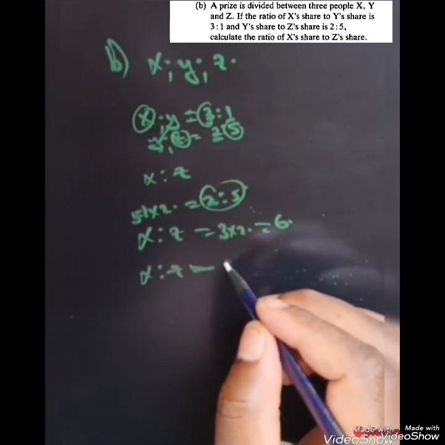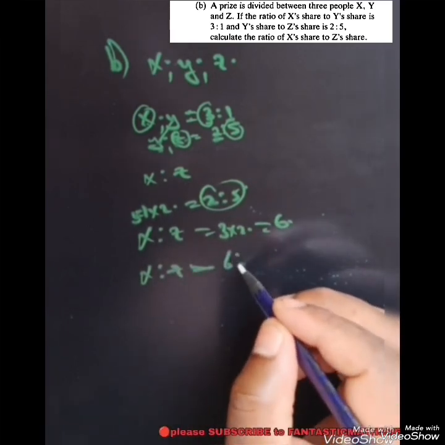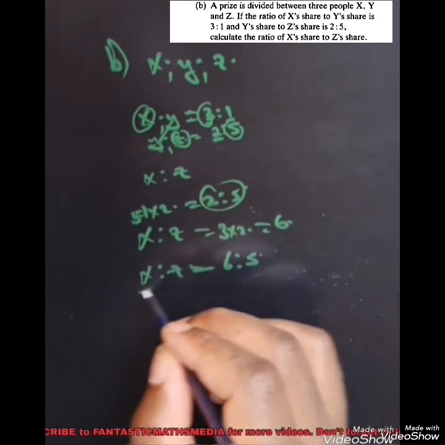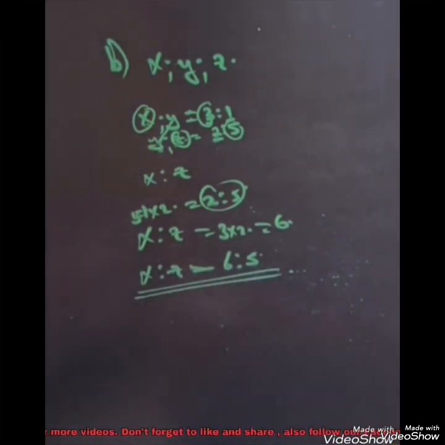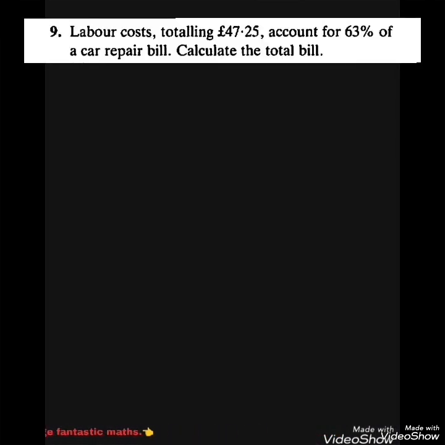So X to Z is 6 to 5. This is our final answer for part B. Let's move on to the next question.